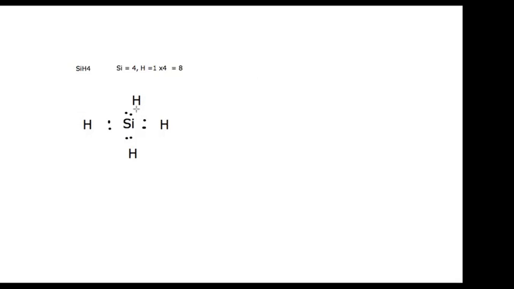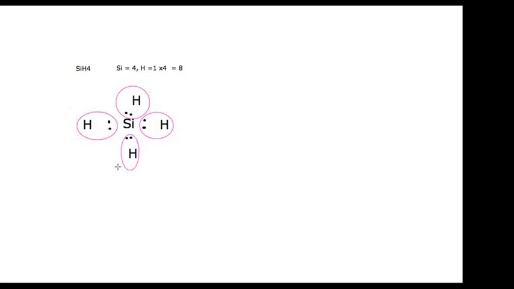I'm going to look at all of the electrons, all of the dots surrounding hydrogen. Right now, even though it's sharing those with silicon, it gets to count both of those for itself. So it has 2. And if I look at each hydrogen, I'm going to see the same thing. Each hydrogen has 2 electrons.